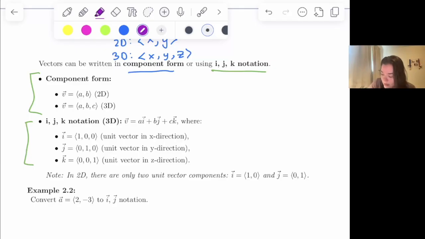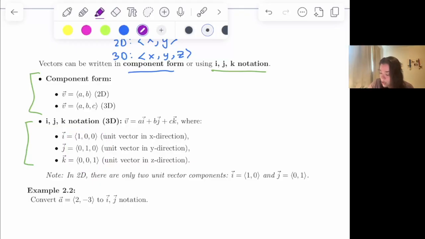Vector i is the vector where x is 1, y is 0, z is 0. Notice vector j has y as 1, with the other components 0, and then vector k has z as 1, with the other components 0. So when someone talks about IJK, they're referring specifically to this set of definitions if you're in 3D.